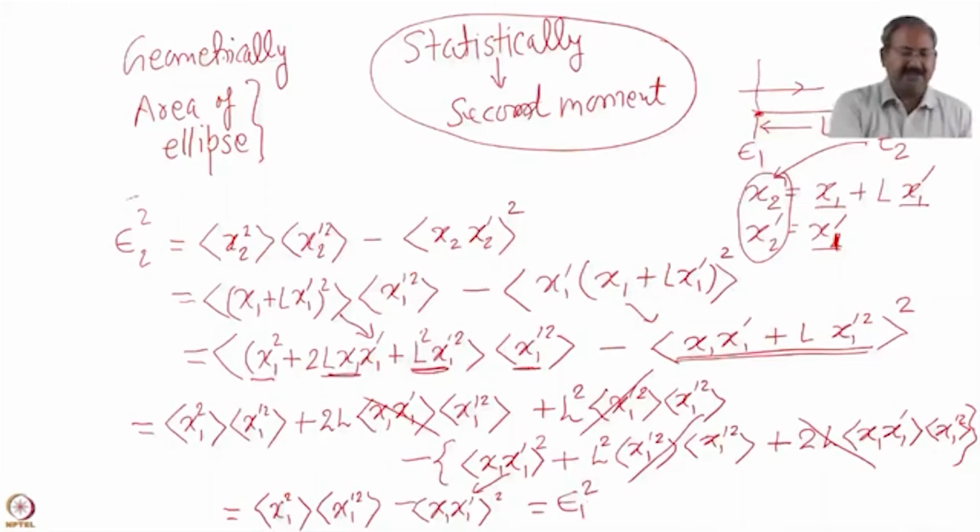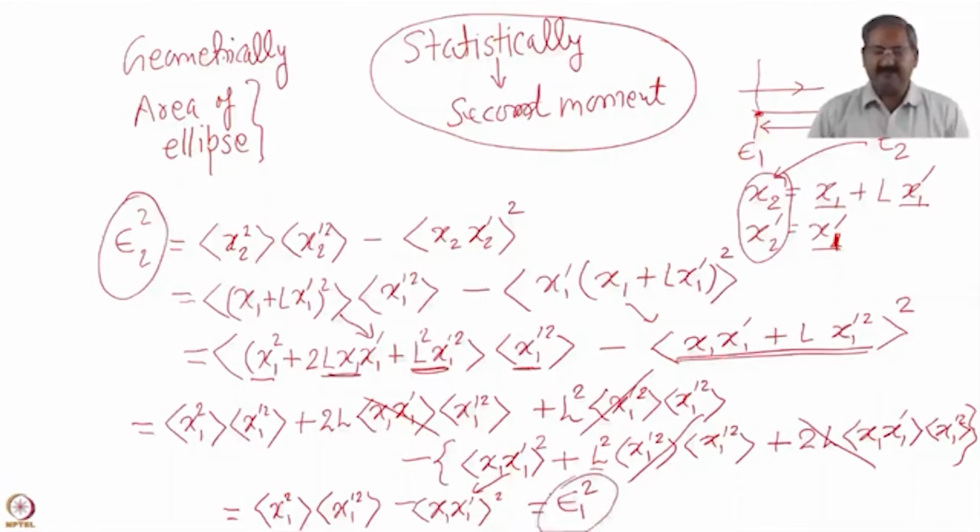So emittance at location 2 is equal to emittance at location 1. So statistical emittance also remains constant.